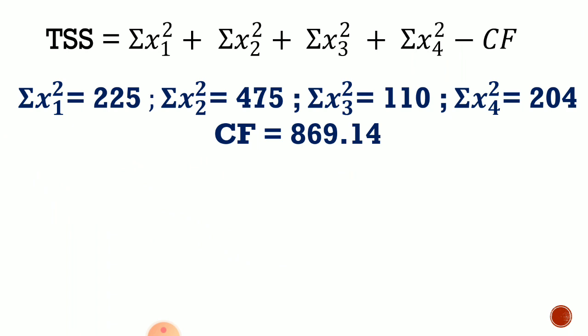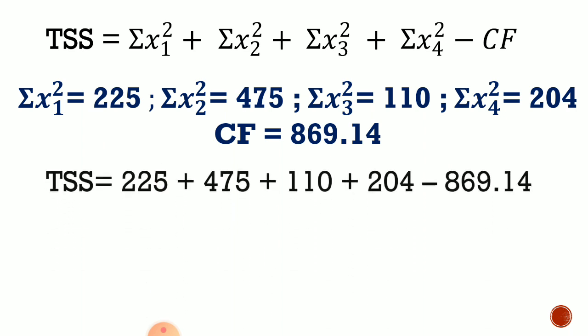The summation of x sub 2 squared, that is 475. The summation of x sub 3 squared is equal to 110. Summation of x sub 4 squared is equal to 204. And the correction factor is equal to 869.14.